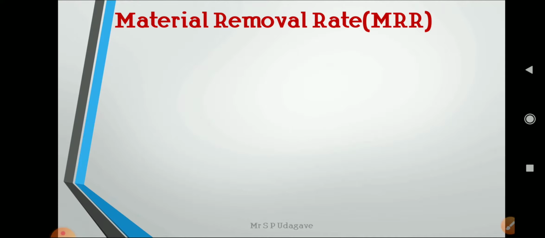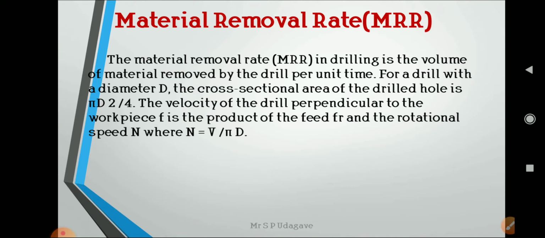Next is the metal removal rate, also called MRR. The metal removal rate in drilling is the volume of metal removed by the drill per unit time. For a drill with diameter d, the cross-sectional area of the drilled hole is pi d squared by 4. The velocity of the drill is perpendicular to the workpiece, and the feed is the product of the feed rate Fr and the rotational speed n, where n is v by pi d.